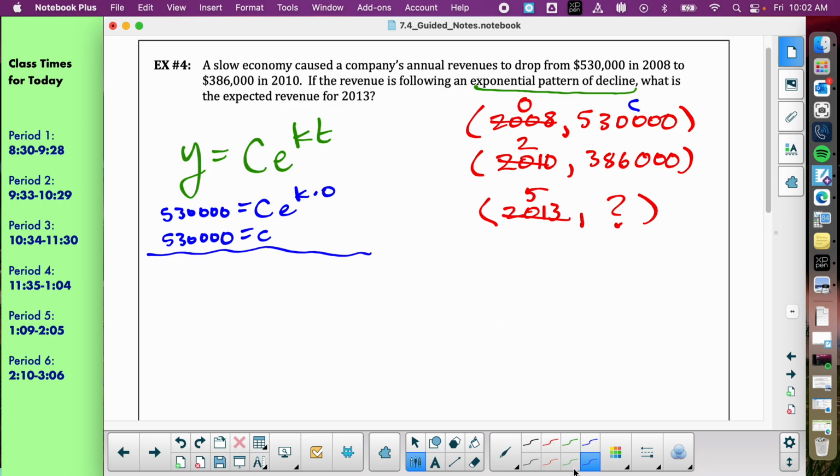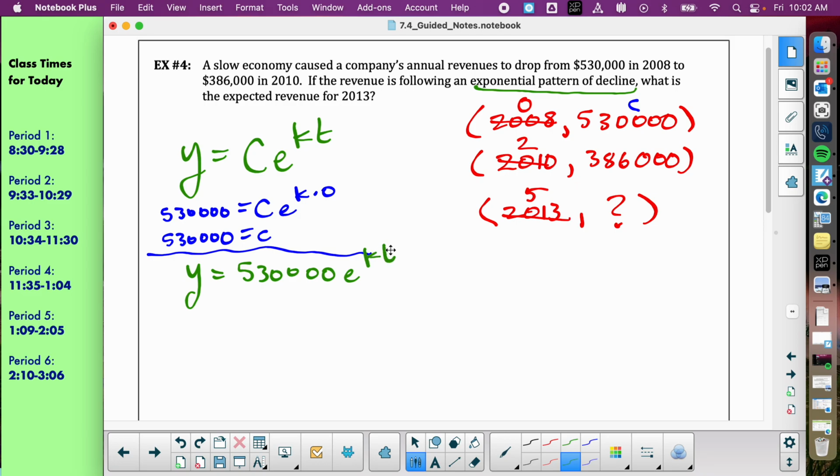My new upgraded equation with more specific information is now y equals 530,000 e to the kt. I guess you could probably take out the thousands digit as well and make them all just 530 and 386 if you really wanted to, but then you have to remember that at the end of the problem as well.